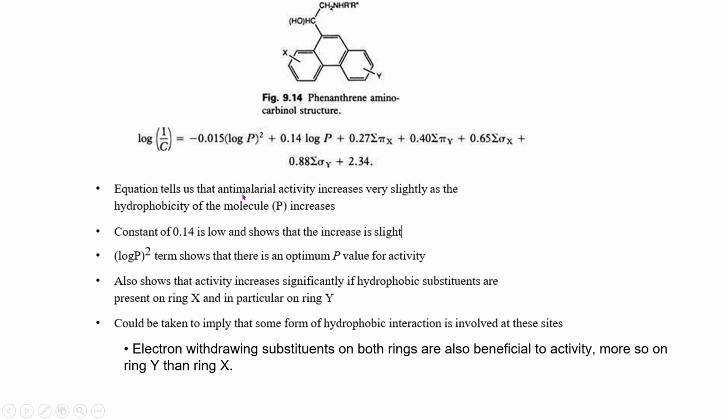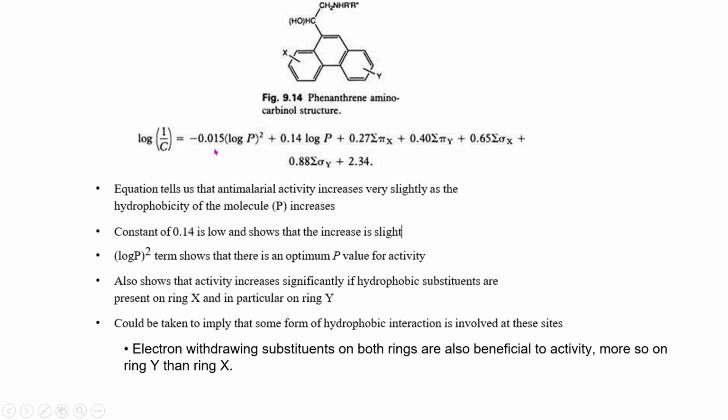So this equation gives the idea that the anti-malarial activity is going to increase very slightly as the hydrophobicity of the molecule, that is P, increases. The anti-malarial activity increases very slightly when the hydrophobicity of the molecule P is increased.